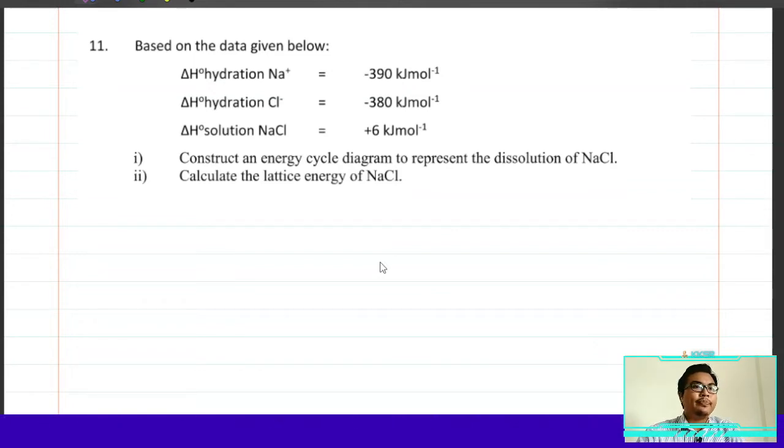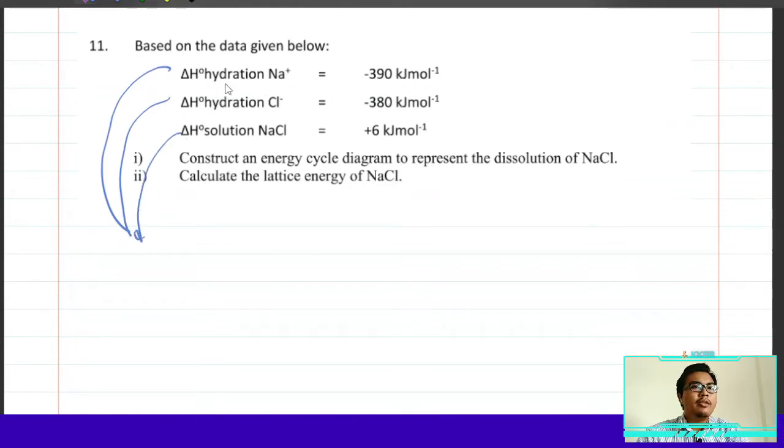Okay, so dia nak cari dissolution of NaCl punya energy cycle diagram. So to start this out, first thing first, kita kena tulis dululah all the enthalpy yang diberikan ini related kepada apa equation dia.